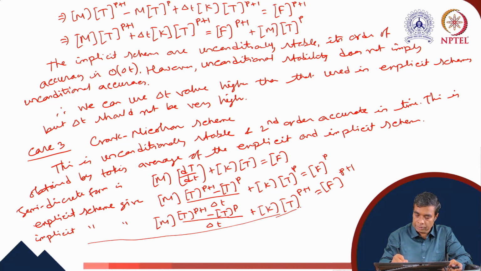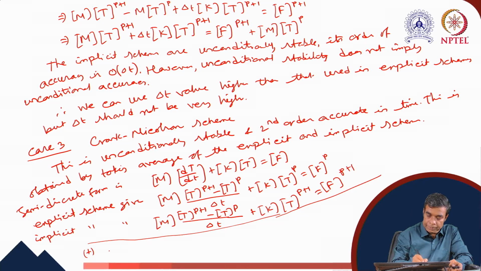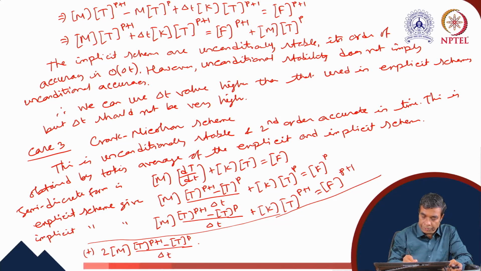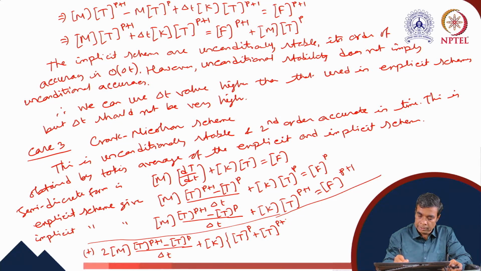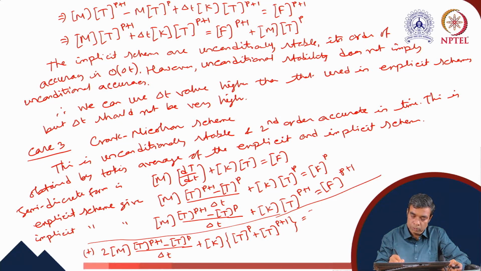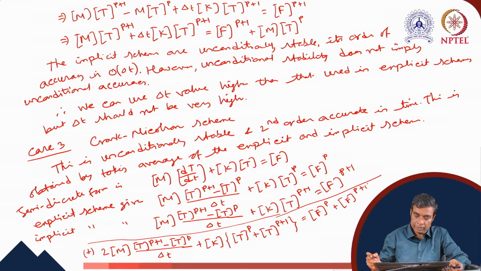So if we add both of these schemes, we get 2 into M into T at p plus 1 minus T at p by delta T plus the stiffness matrix into temperature at the pth level plus temperature at the p plus 1th level equals the load vector at the pth level plus the load vector at the p plus 1th level.